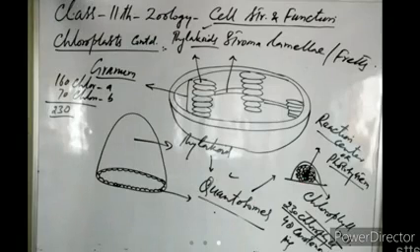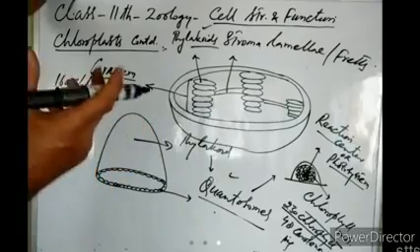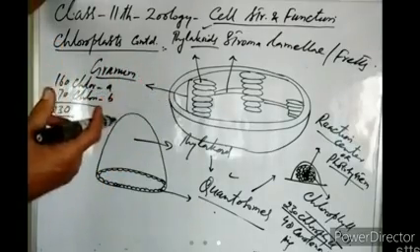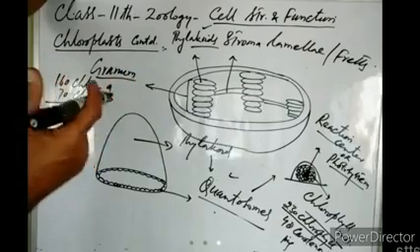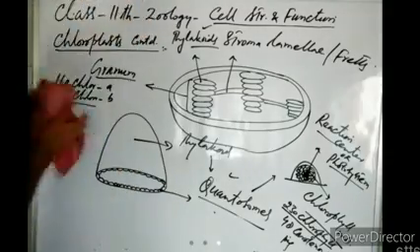It is here that the quanta of light are trapped, and when the quanta of light are trapped, energy from them is utilized in combining carbon dioxide and water. You know what the reaction of photosynthesis is?